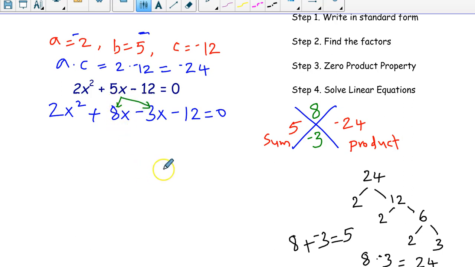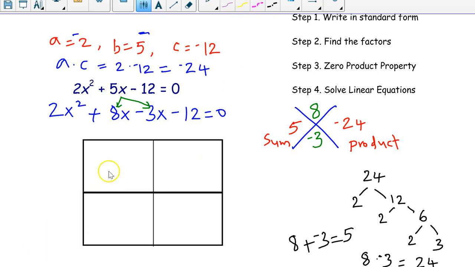Okay. Now we will draw a box, that you can also call an area model, for factorizing this. You can as well use the distributive property, but since drawing a box and getting the factors is easier, let us do it that way. Now I will enter these 4 terms into the 4 boxes.